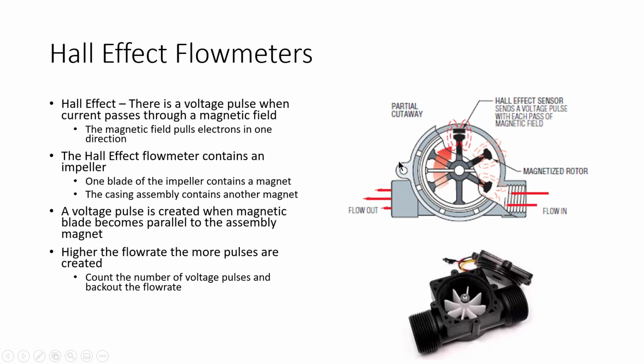Clearly, the more flow that's coming in, the more quickly will this turbine rotate, so there will be more voltage pulses which we count, and then we take the rotation speed of this turbine and link it to a flow rate. So again, we calibrate it to a known flow rate and then use that to make other flow rate measurements.